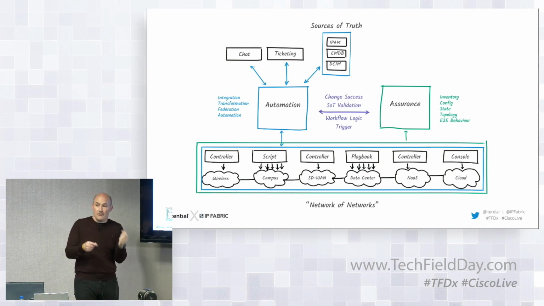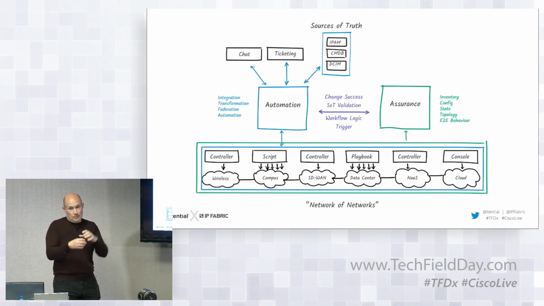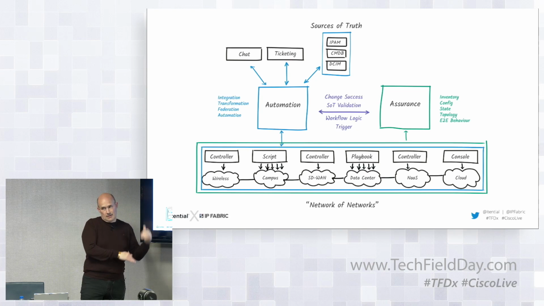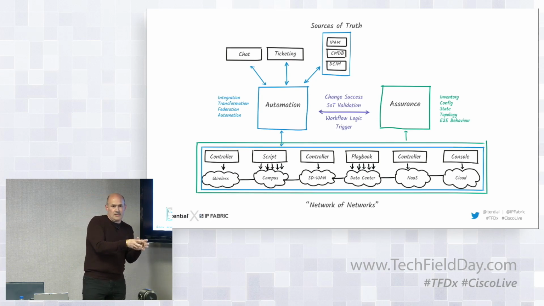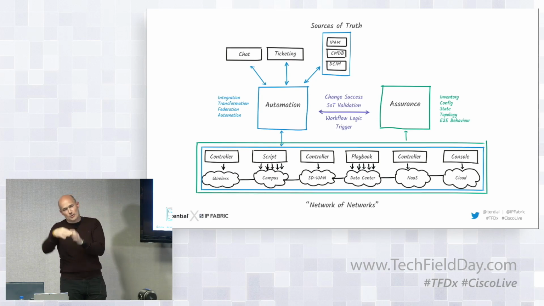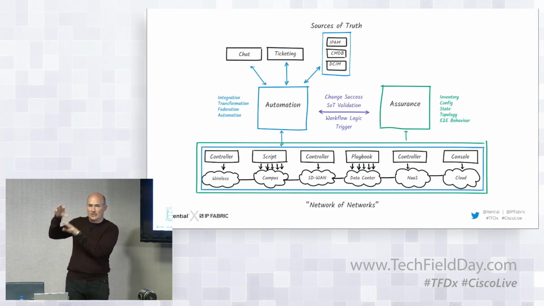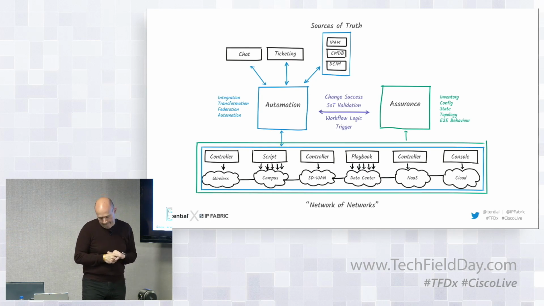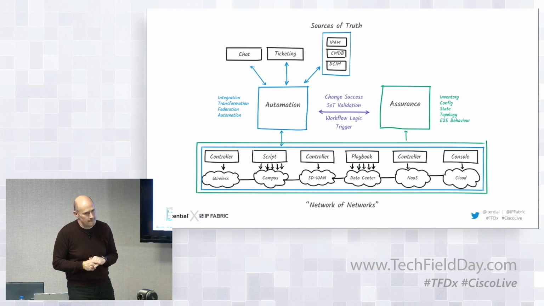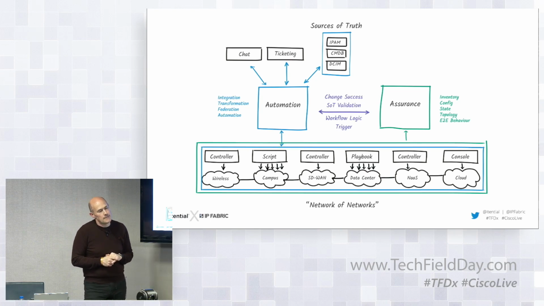And you can use that in the workflow logic itself, because you can run filters on the data that's in IP Fabric and say, tell me all the devices that need an SNMP update. I can find those devices from IP Fabric, and use that as a way of limiting the scope of whatever workflow I'm actually activating.